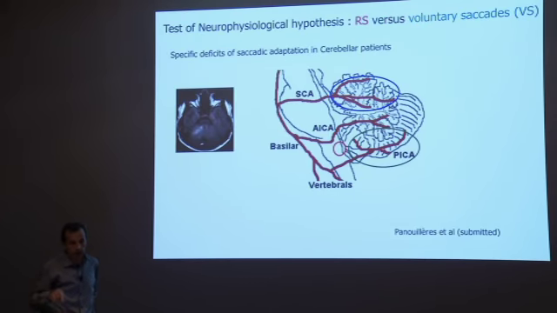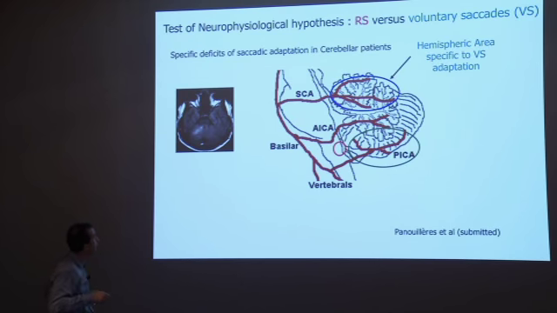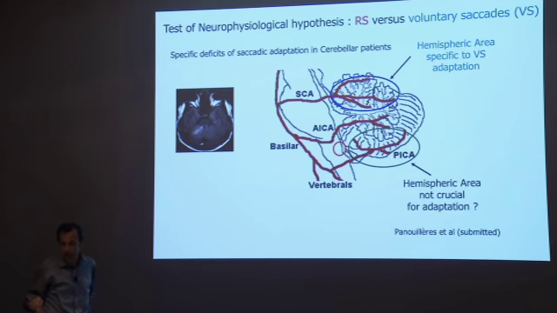We also analyzed the behavior of cerebellar patients. Again, it's a study performed by Muriel Panouillère and others. And we came to the conclusion, this time by comparing reactive saccade adaptation versus voluntary saccade adaptation, that there are different types of deficits, suggesting that this anterior lobe, the hemispheric part of the anterior cerebellum, would be more specifically involved in saccadic adaptation.